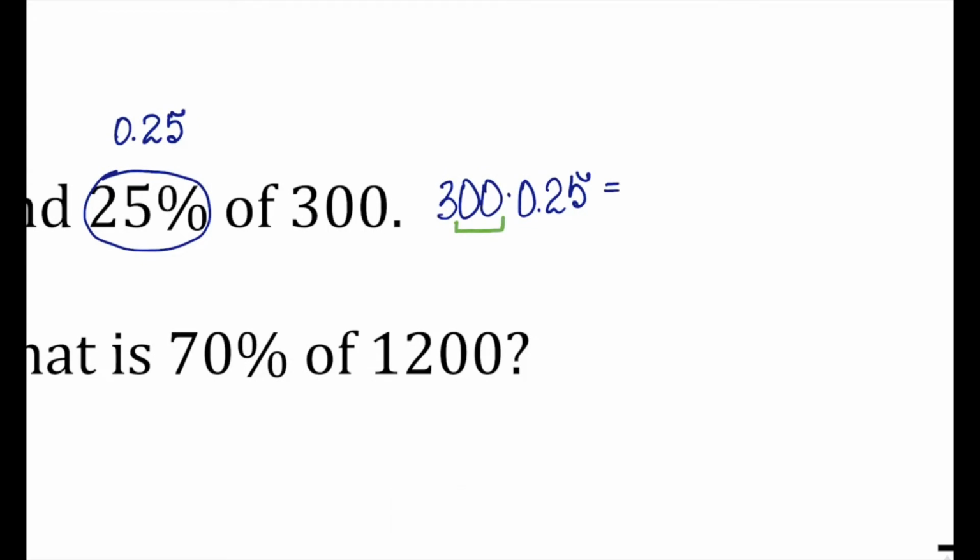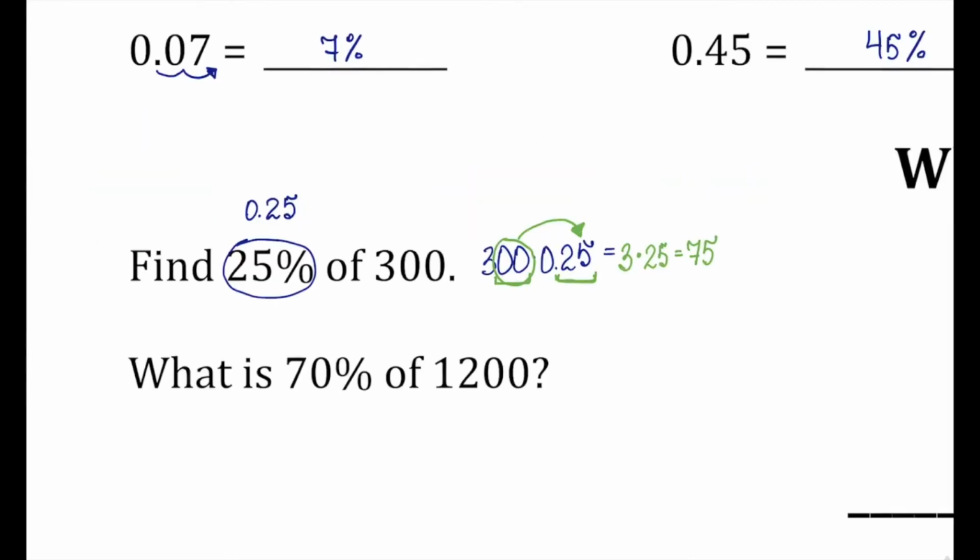The 300 has 2 zeros and 0.25 has 2 decimal places. I can take these 2 zeros, not multiply the zeros, but apply those 2 zeros to move my decimal point. So this 300 times 0.25 will turn into 3 times 25, which is, what do you know, 75. So 25% of 300 is 75.